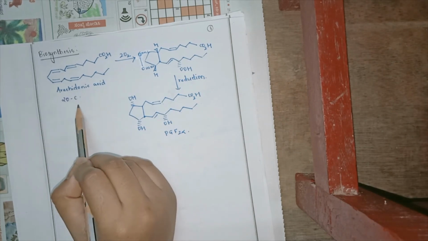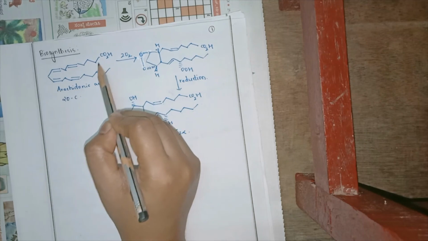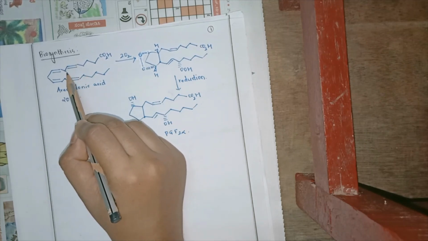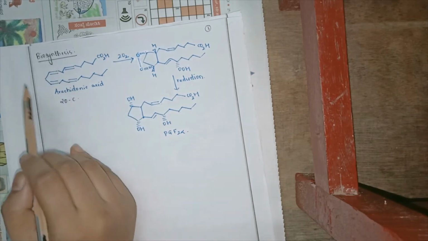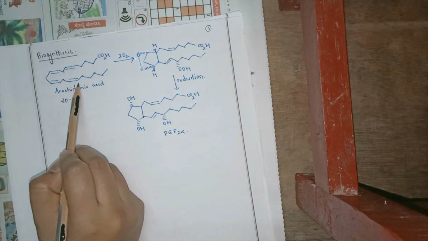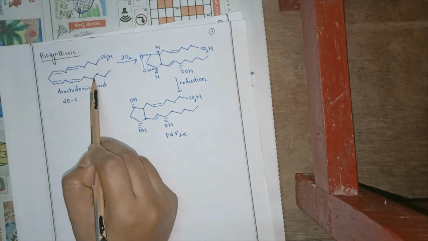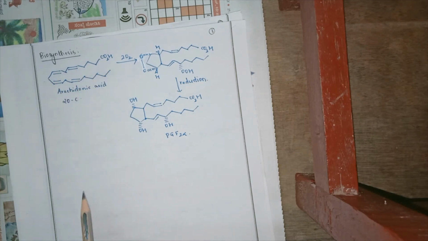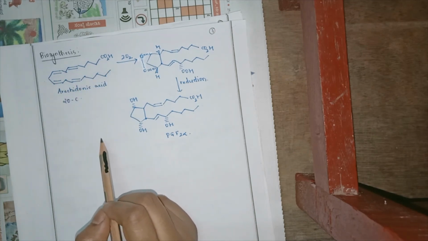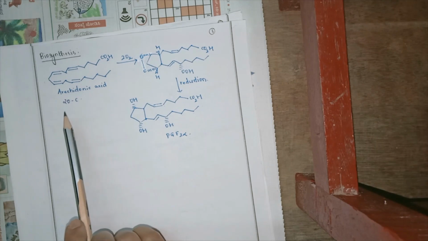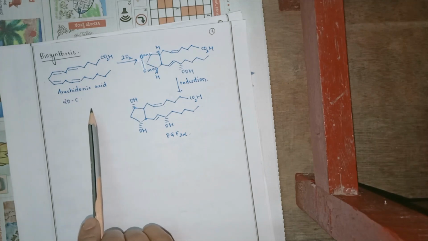This has 20 carbon atoms: 1, 2, 3, 4, 5, 6, 7, 8, 9, 10, 11, 12, 13, 14, 15, 16, 17, 18, 19 and 20. As we have seen, there is a prerequisite that prostaglandins should have 20 carbon atoms. So the starting material is taken as arachidonic acid.